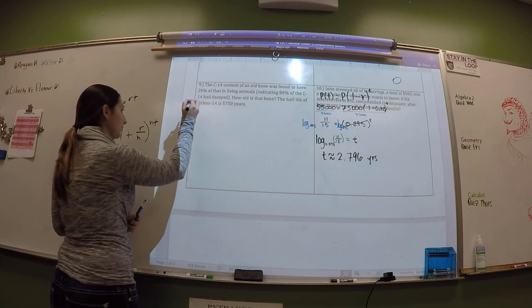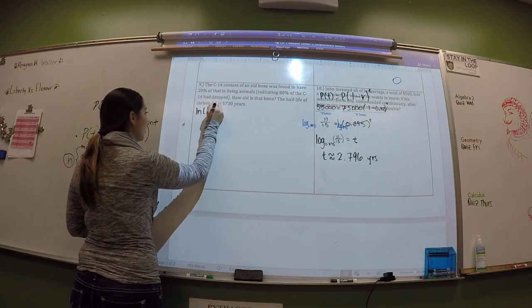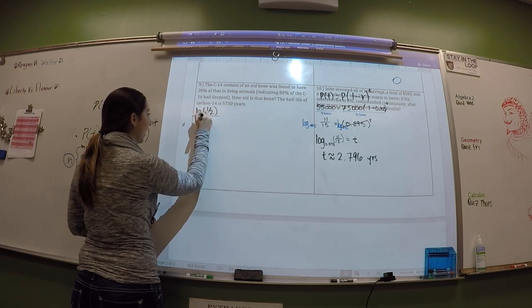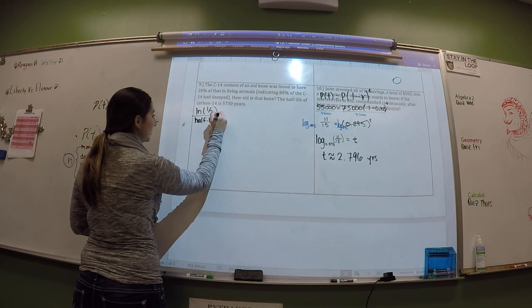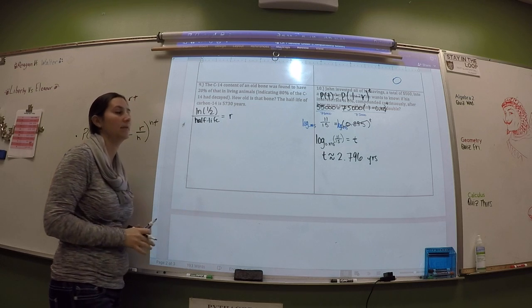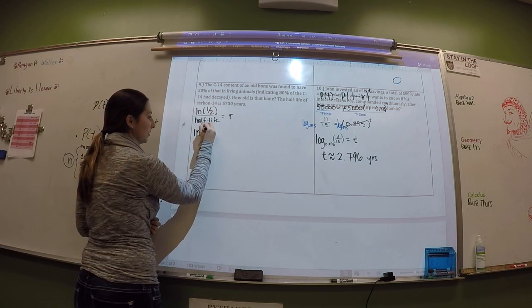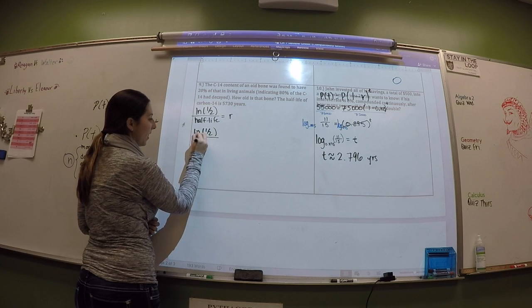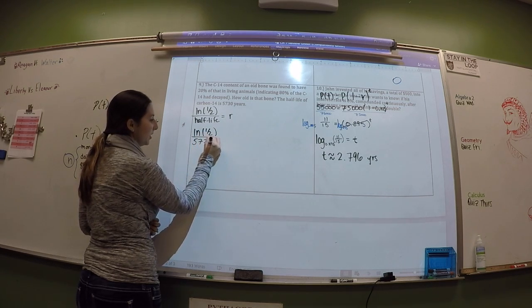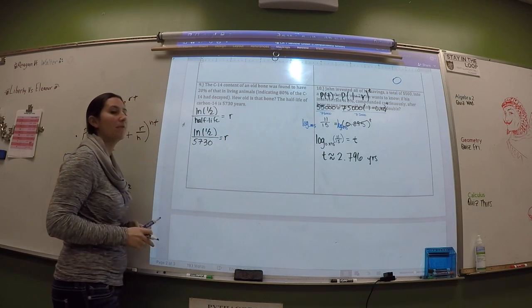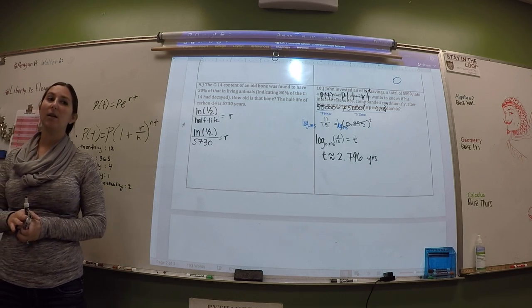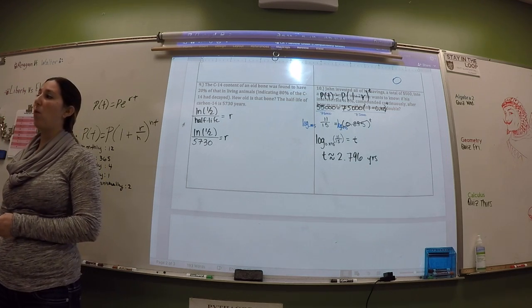So, natural log of 1/2 divided by half-life is how you find R. So, our half-life is 5,730 years. That's how we're going to find R. So again, you just take the natural log of 1/2.